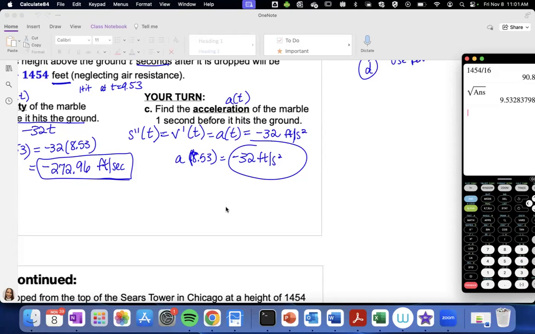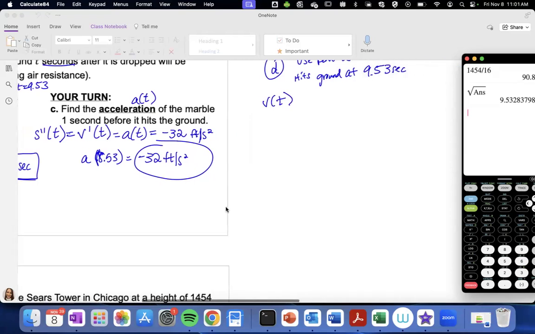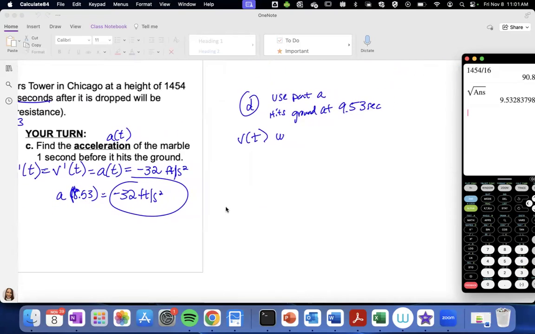So in part A, I know that it hits the ground at 9.53 seconds. So if I want to know the velocity v of t when it hits the ground, I'm going to do what?